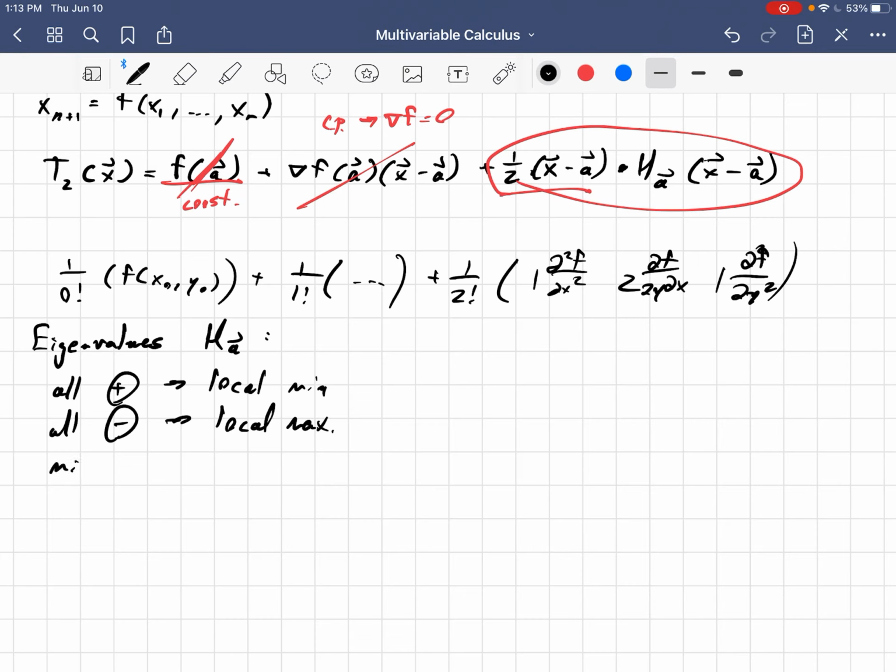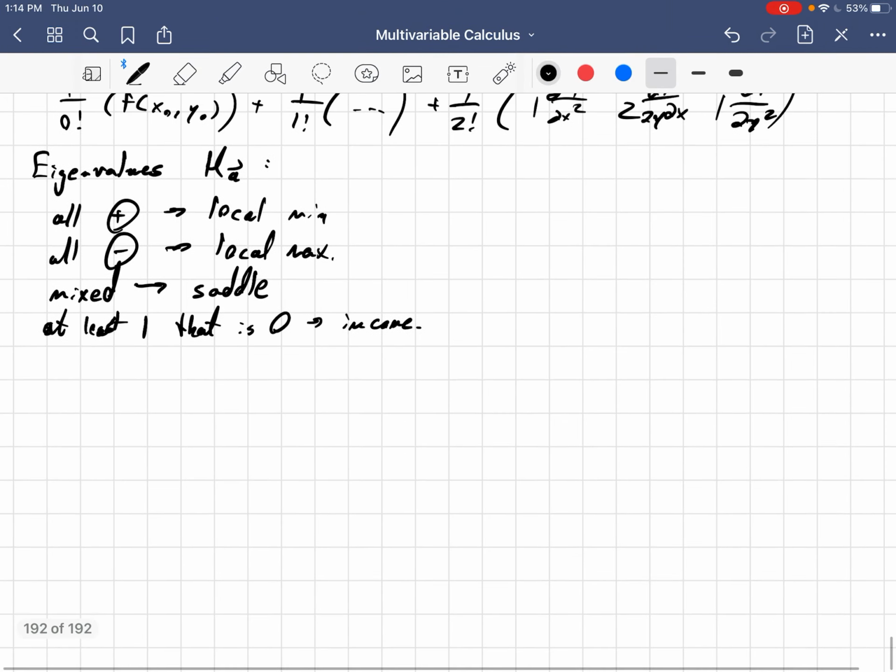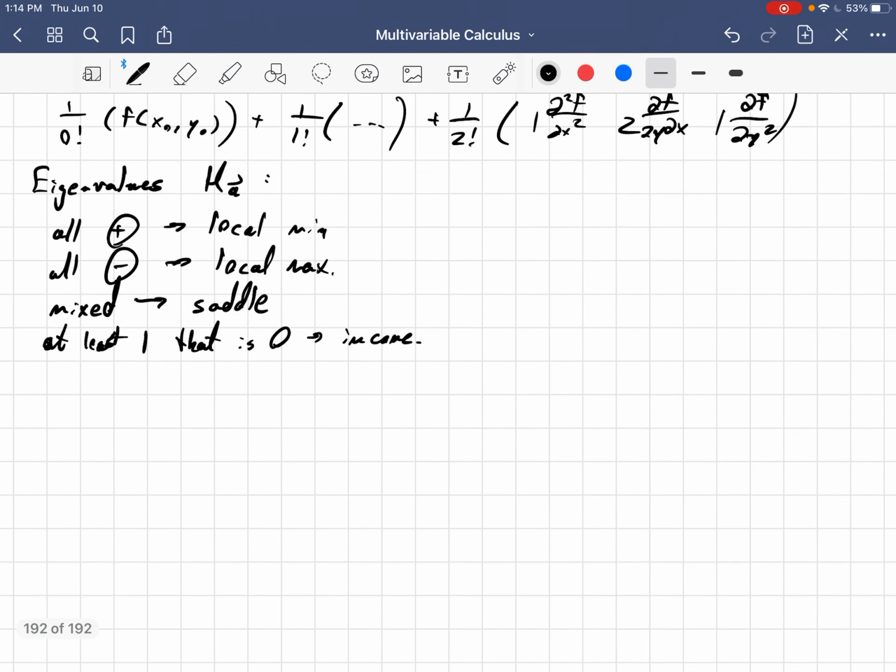If they're mixed, then we have increasing in one direction, decreasing in another. We have a saddle point. And if we have at least one eigenvalue that is 0, inconclusive, right?